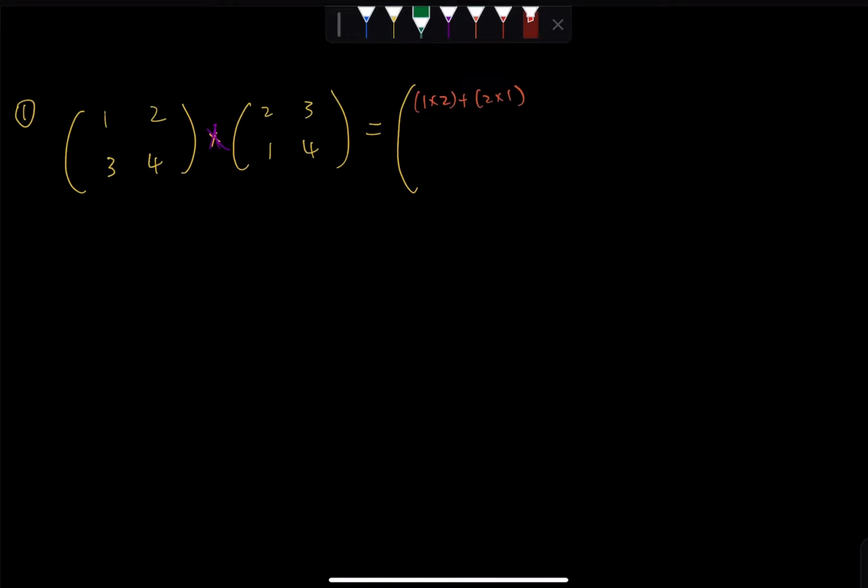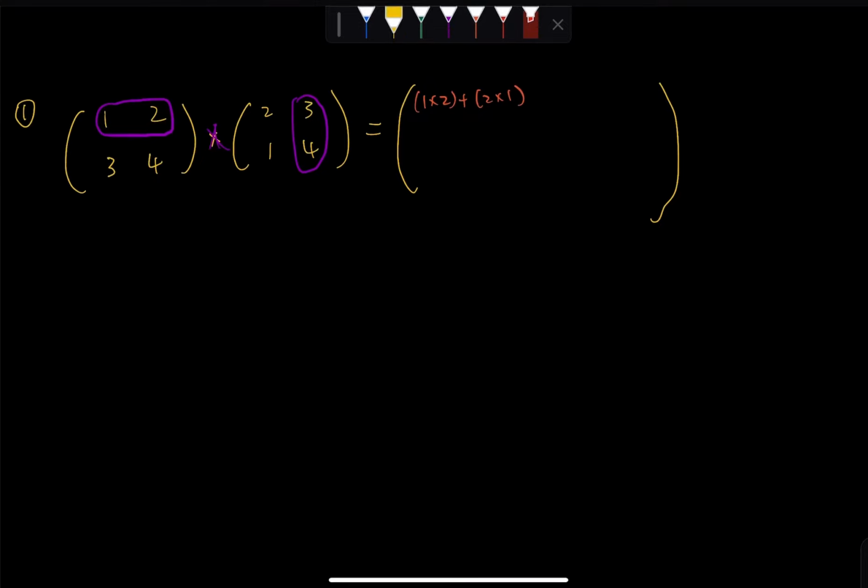Next thing you do for the number that's going to go in the product matrix, you take the first row of the first matrix and the second column of the second matrix, and that'll go in the position of the first row and the second column of the product.